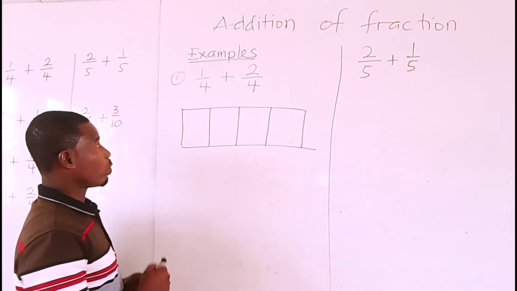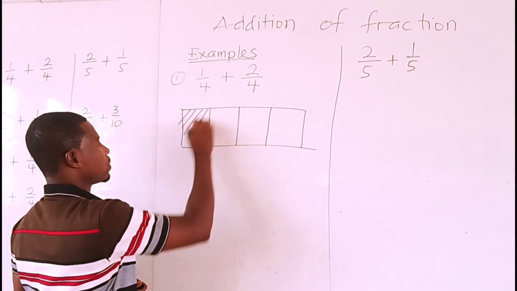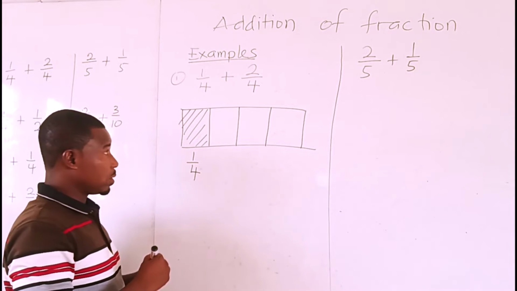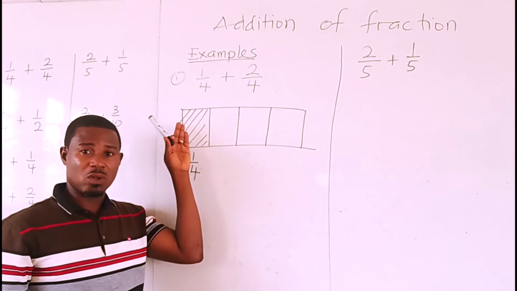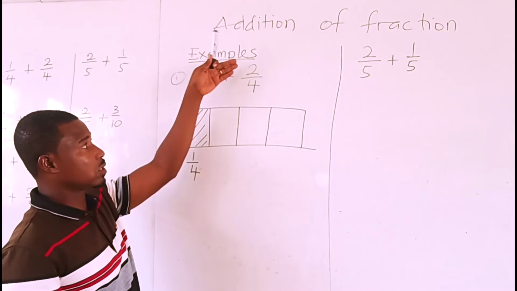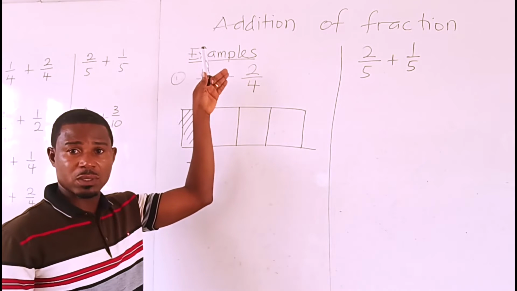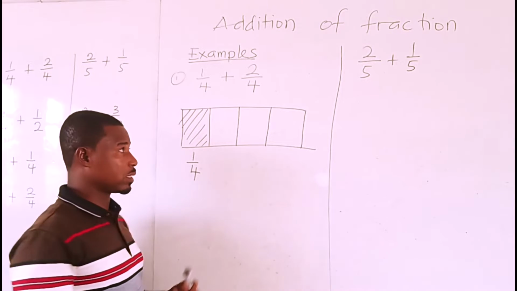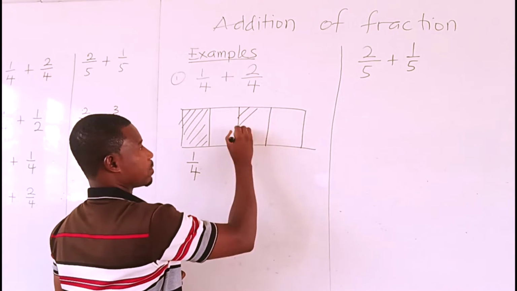So let's see. So this is 1/4 of the whole. Let's look at the next fraction. The next fraction is 2/4. And so we shall shade 2 parts of it. So let's shade this part.